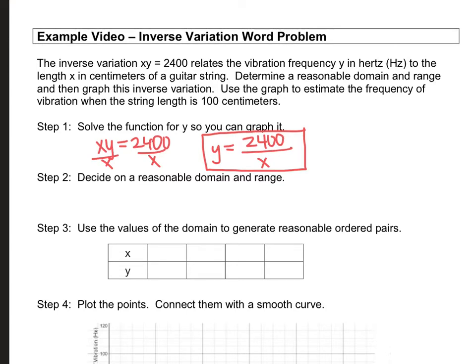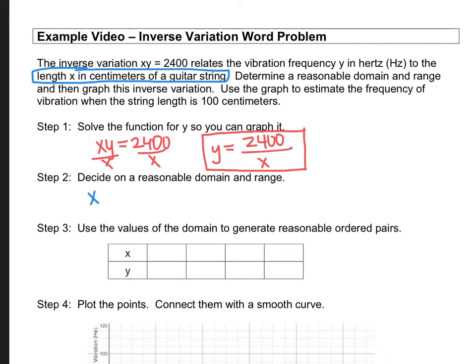All right, decide on a reasonable domain and range. This is just going to help us when we create our table of values, and to make sure that we're working with values that make sense in the context of this word problem. So our domain is all of our x's. X is representing the length in centimeters of a guitar string.